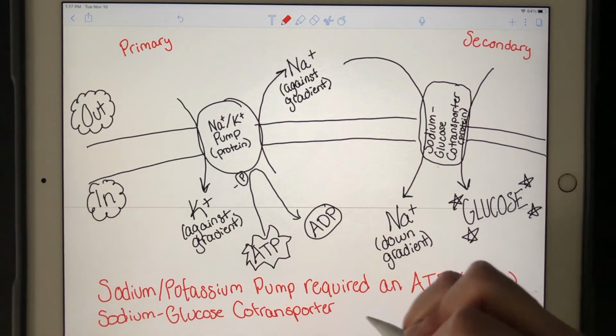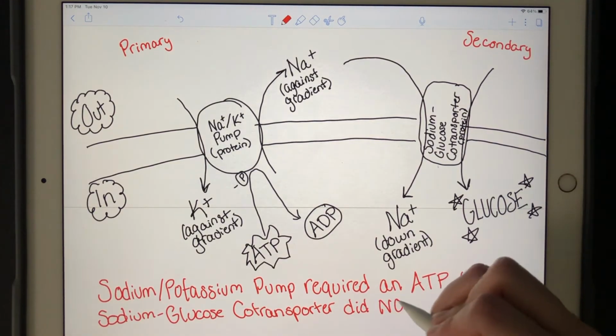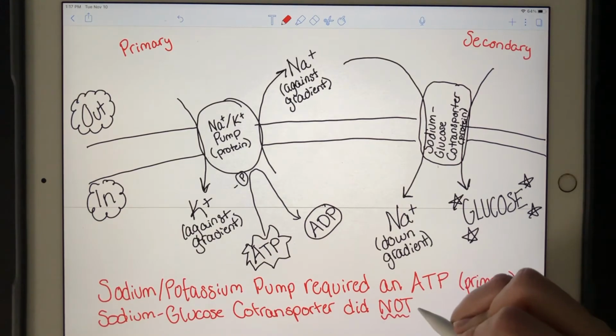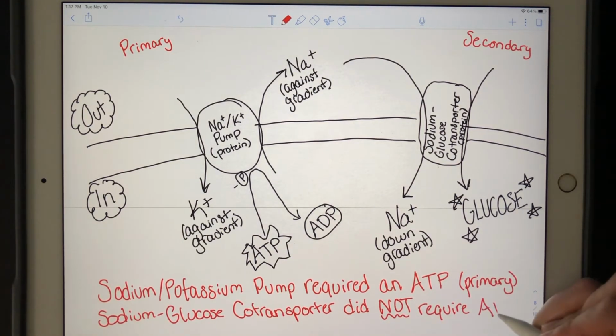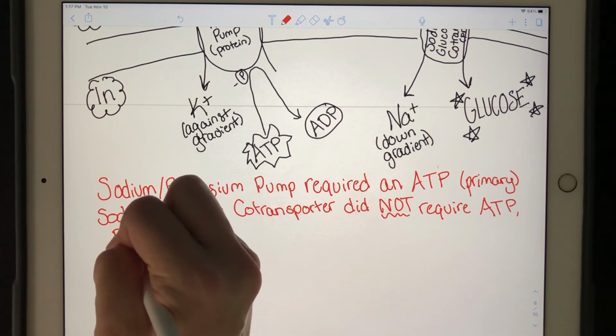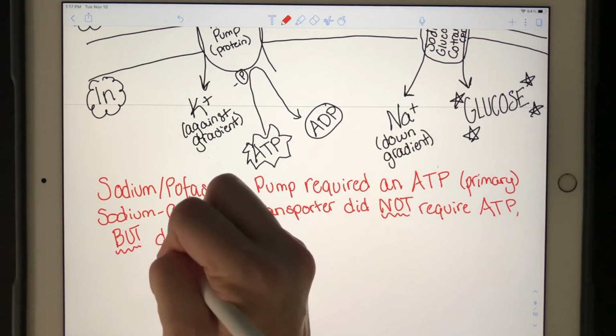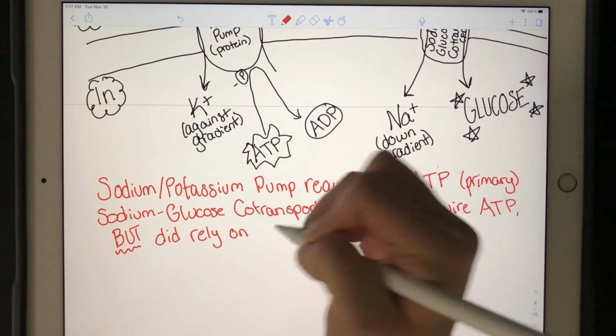The sodium-glucose co-transporter did not require ATP. But the co-transporter did rely on the sodium gradient. Remember, sodium is that Na+.